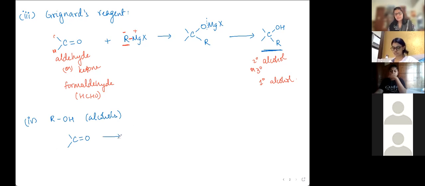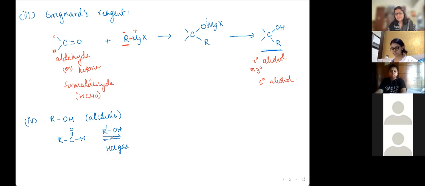When you treat it with an alcohol, let's say R dash OH, actually, we'll take aldehydes and ketones separately in this case, because the name of the product and the constituent will change. Let's say this is R, C double bond O, H. And let's say we're adding R dash OH in the presence of HCl gas. So specifically HCl gas, because we don't want moisture here.